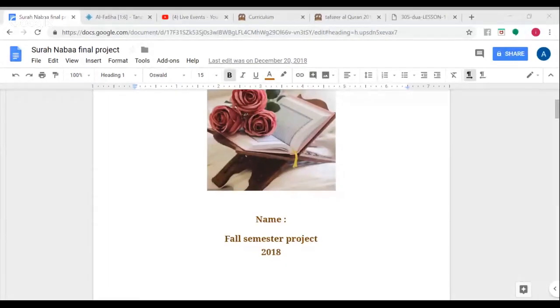The harf of jar is called the jarun, and the ism it makes jar is called majroor. If you see the harf of jar with the ism, the ism will get the kasra because of the harf jar.